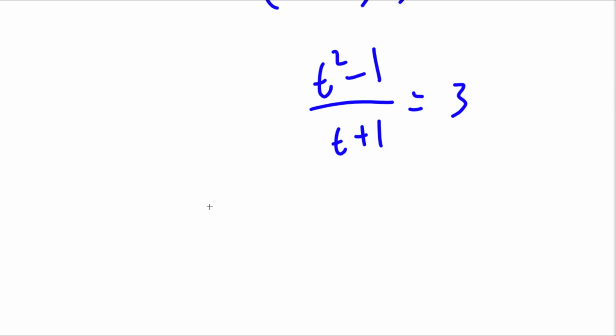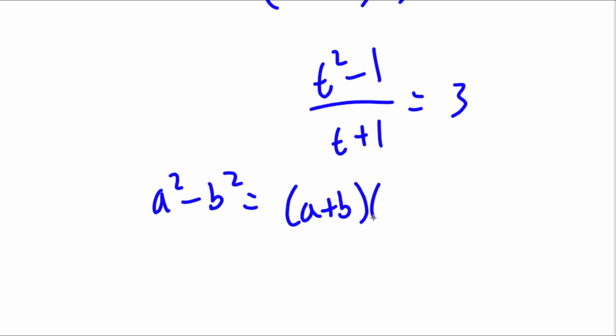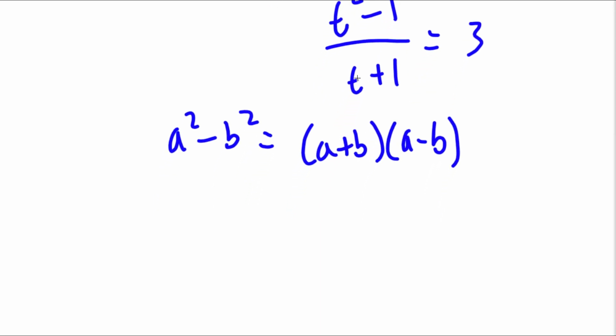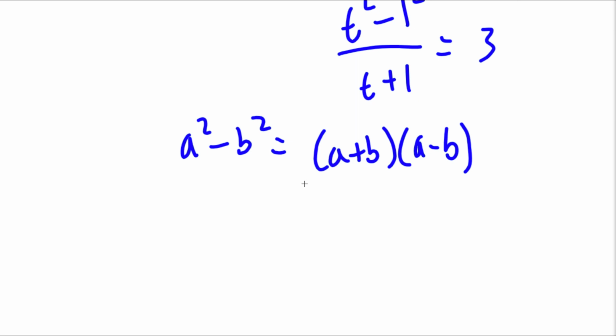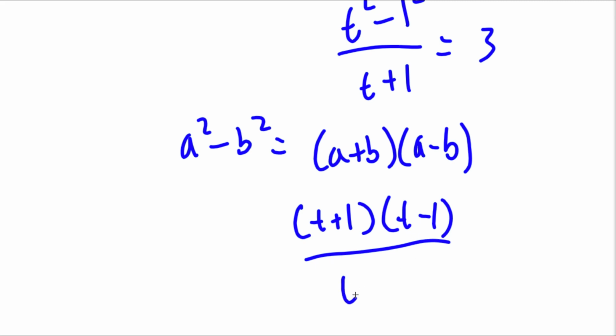Now if I have something in the form a^2 minus b^2, this is equal to (a plus b) times (a minus b). So 1 here is the same thing as 1 squared. So now t^2 minus 1 is going to equal (t plus 1) times (t minus 1), over t plus 1, is equal to 3.